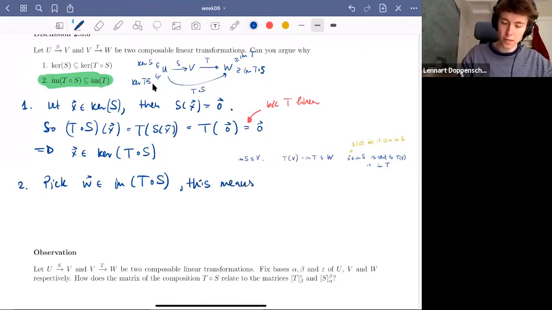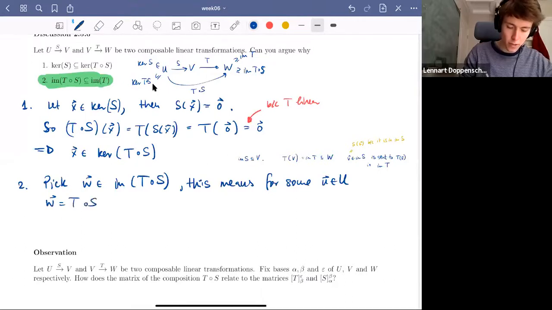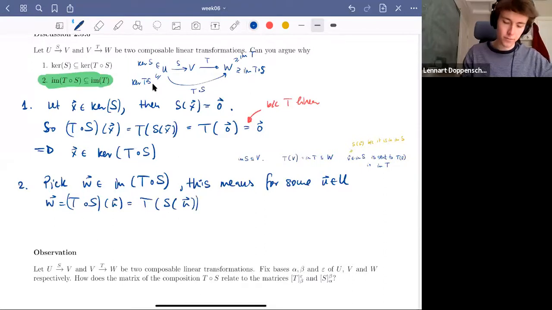So this means for some U, we know that W is the image of U under T composed S, which is just T of S of U.